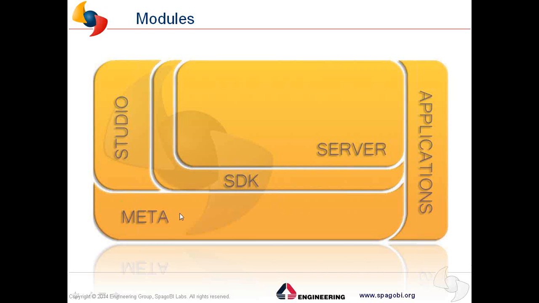You have SpagoBI Meta, which is another tool based on Eclipse that allows users to create business models. And on those business models, the user can create queries and reports with drag and drop tools like the query by example, which allows the final user to build the query in a simple way, taking data from the models you created with the Meta.